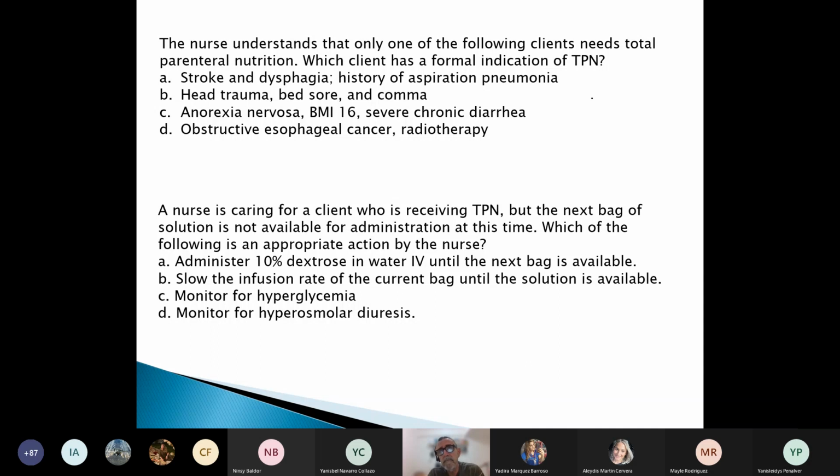This person, as I said before, is having very high blood sugar because of the TPN. If the patient has a pancreas, and the most probable is that the patient has a pancreas, the patient will produce enough insulin, or almost enough insulin, to deal with this elevation of the blood sugar.